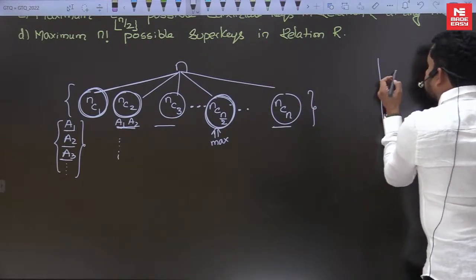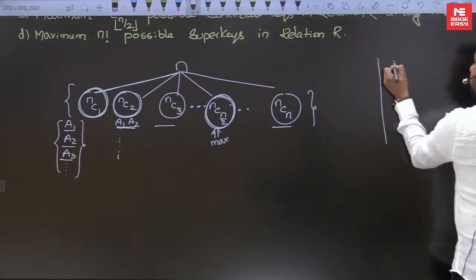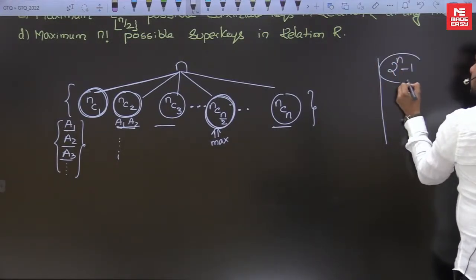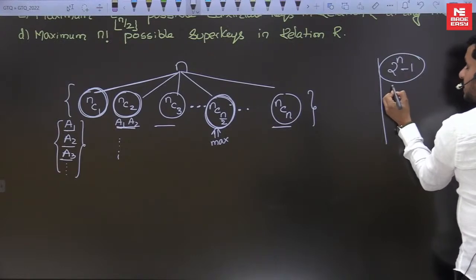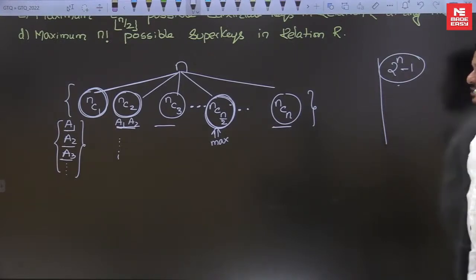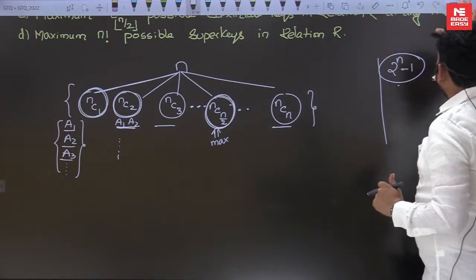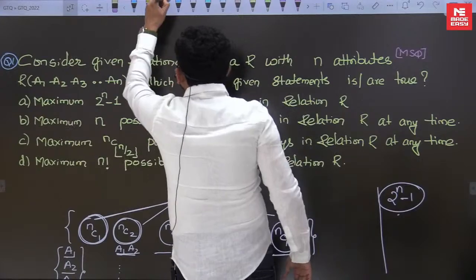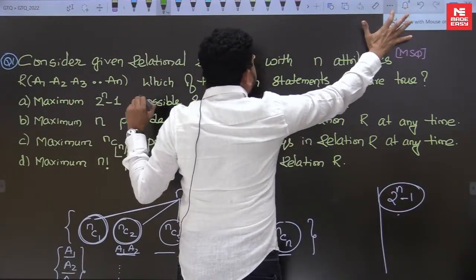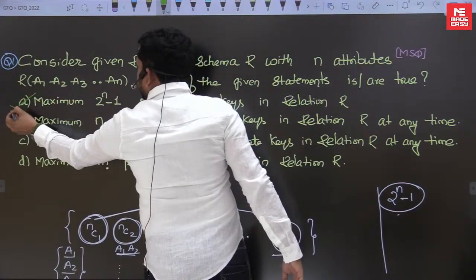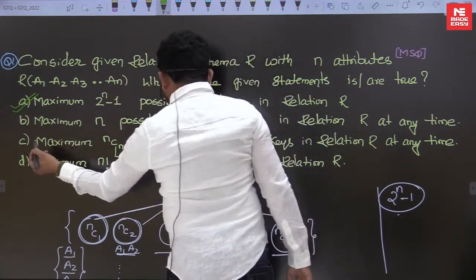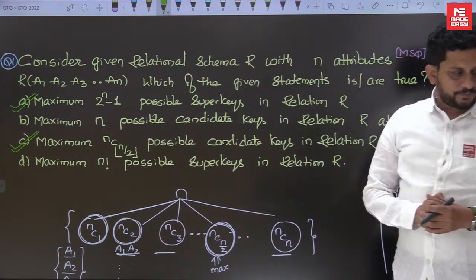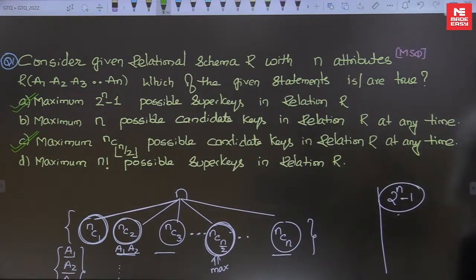The total maximum possible super keys can be 2 power n minus 1, under the assumption that each single attribute is a candidate key. So the maximum possible super keys of the relation can be 2 power n minus 1, and the maximum possible candidate keys at any moment of time is nC(n/2).